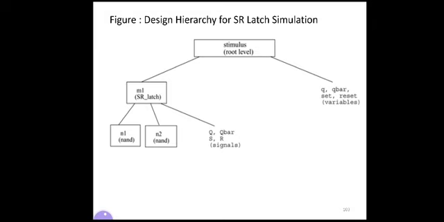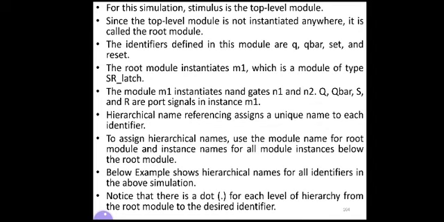Now remember this figure and try to trace along the path for hierarchical naming reference. For this simulation, stimulus is the top level module. As we know from the figure, stimulus is the root level module, or top level module. Since the top level module is not instantiated anywhere, it is called a root module, or a starting point.